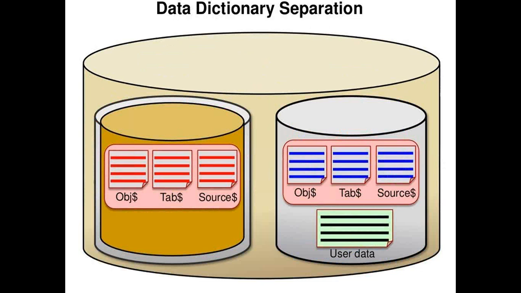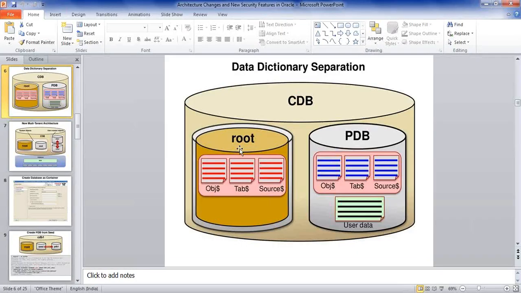here is the change. Here we are having separate data dictionary views for the pluggable databases as well as the container databases. So the container database will contain two databases. One is the main root database.